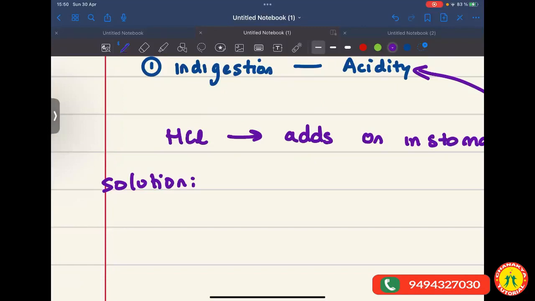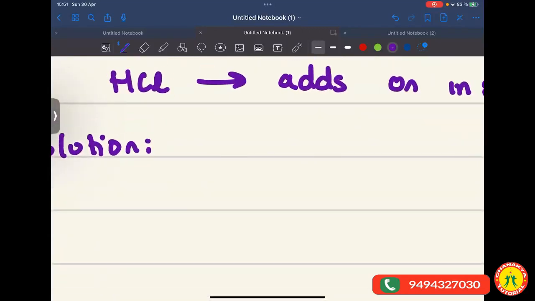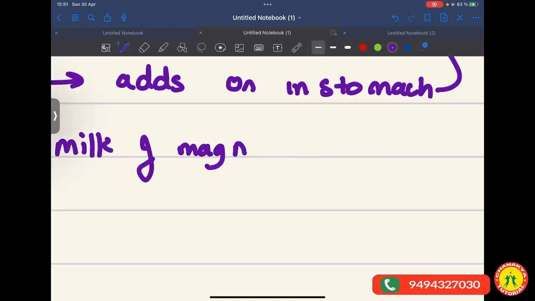ENO powder and all that. It's like a white powdery substance to mix with water and drink it. So that kind of substance is basic in nature, and you drink something called the milk of magnesia. That ENO itself, that is called milk of magnesia.